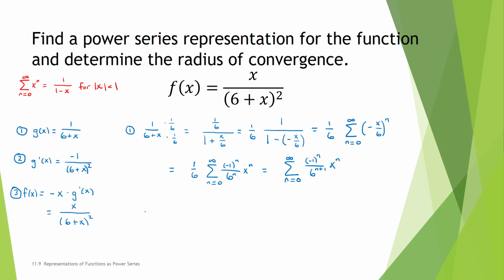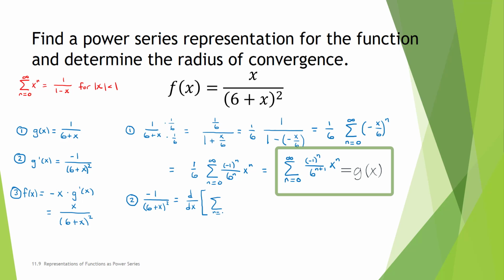Okay. In step 2, we want to take the derivative of this function. So we're going to find an expression for negative 1 divided by 6 plus x squared, which we know is the derivative with respect to x of this power series, n equals 0 to infinity, negative 1 to the n divided by 6 to the n plus 1, x to the n.